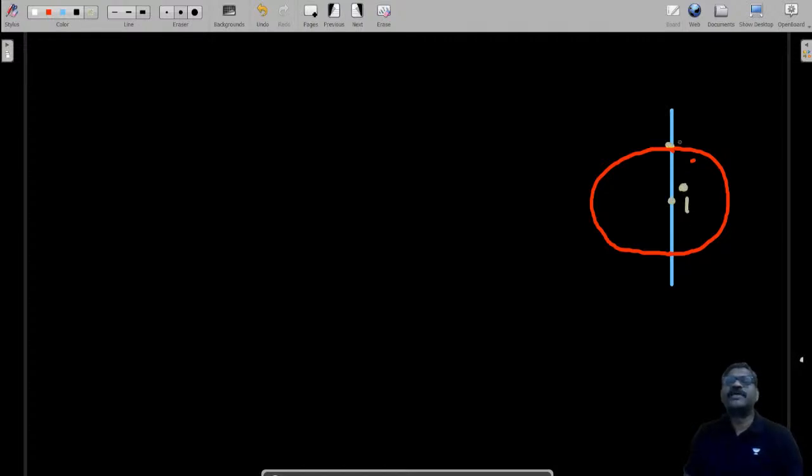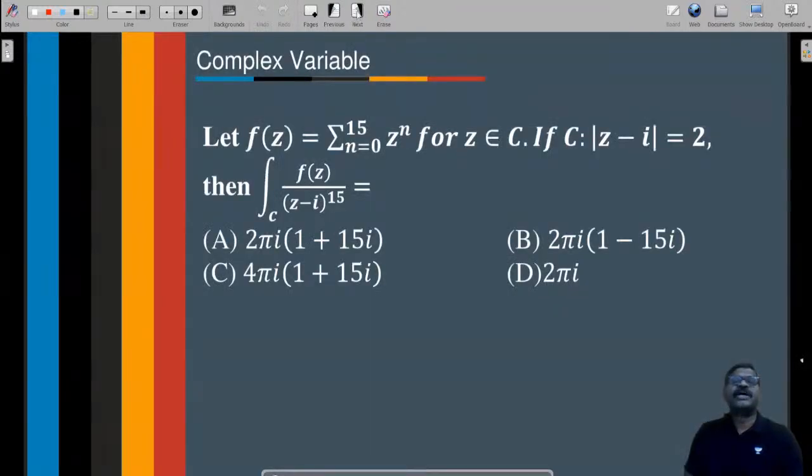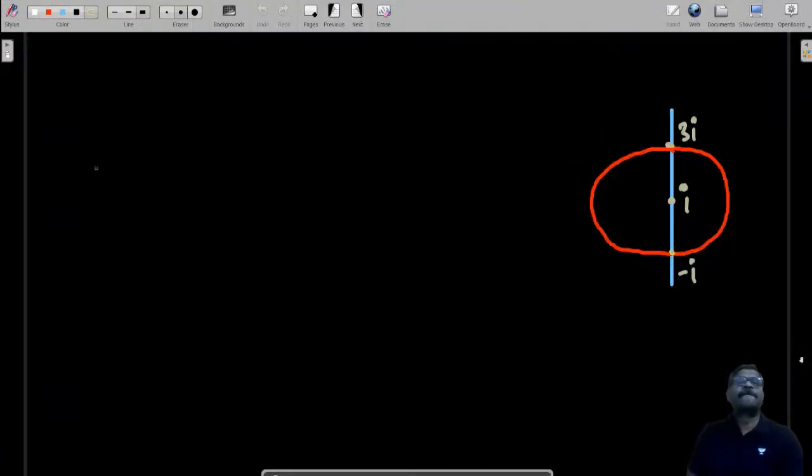Center is i, radius 2 units, so it goes from 3i to minus i. Now observe, clearly i lies inside.